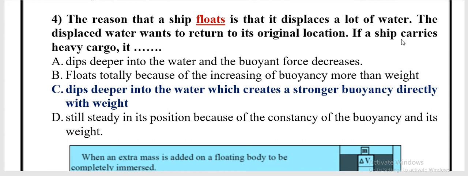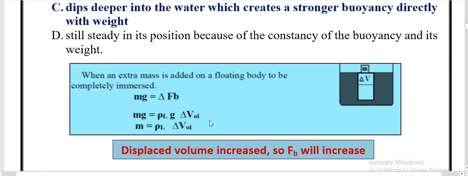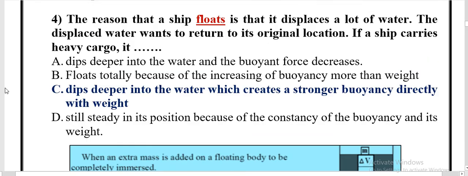If the ship carries a heavy cargo, there is a change in the buoyant force, and that change will be accomplished by a change in volume of the object beneath the water surface. So the displaced volume increases and so the buoyant force will increase. So it will dip deeper into the water, which creates a stronger buoyancy directly with weight.